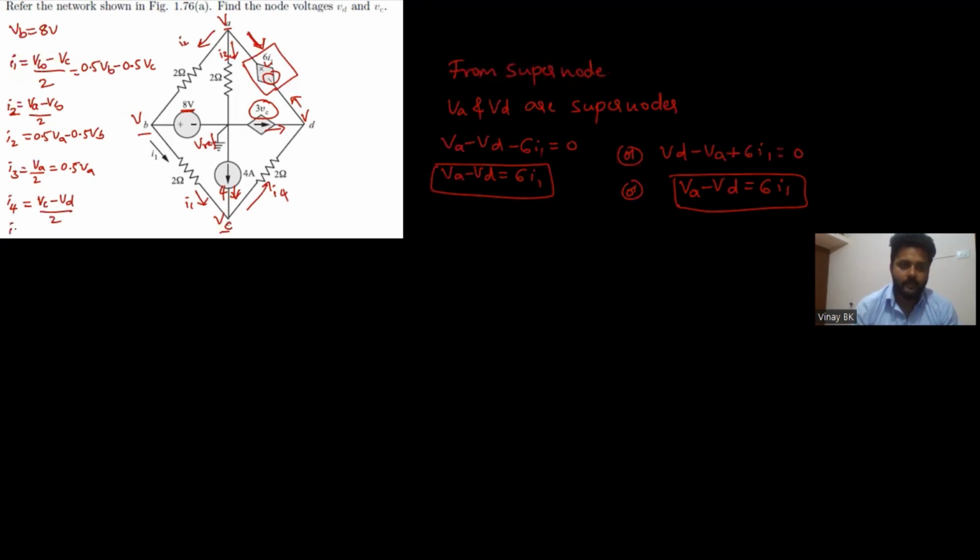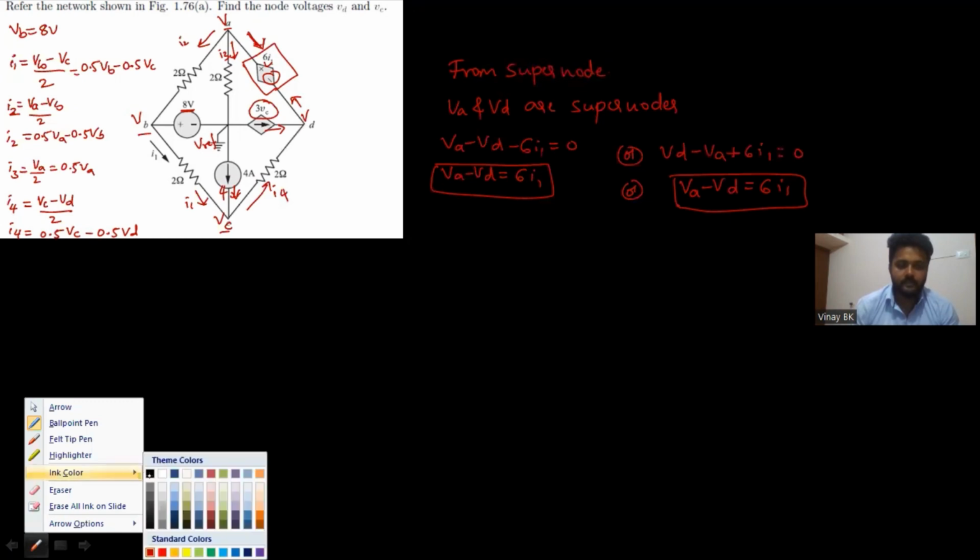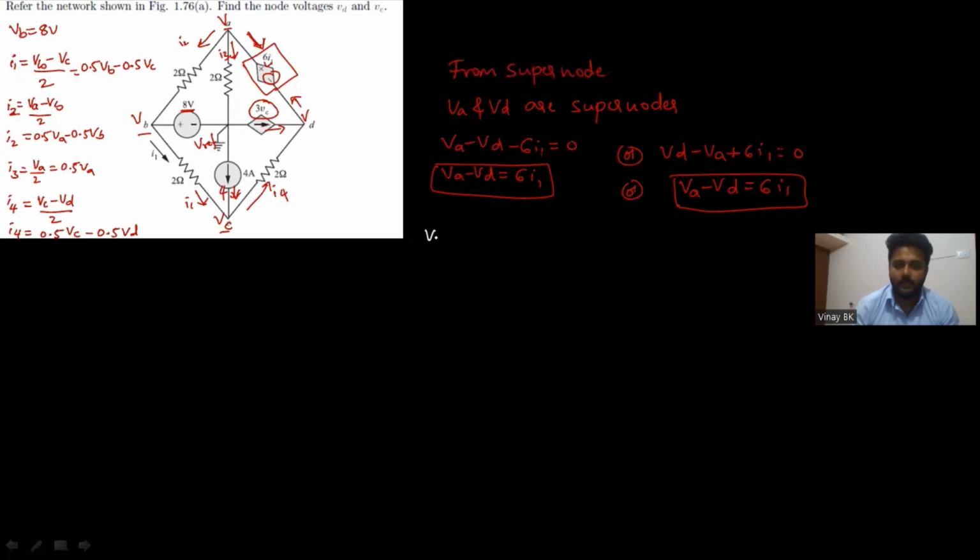Again you can rewrite I4 as 0.5 VC minus 0.5 VD. Now substitute the value of I1 in the supernode equation, so I can rewrite VA minus VD equals 6 into I1, which is 0.5 VB minus 0.5 VC.